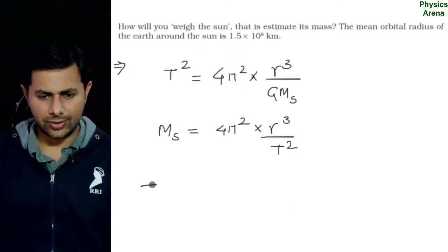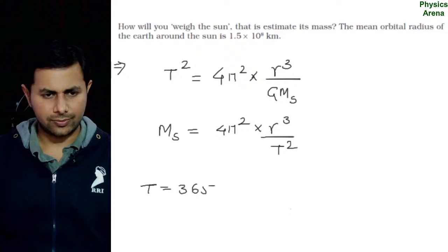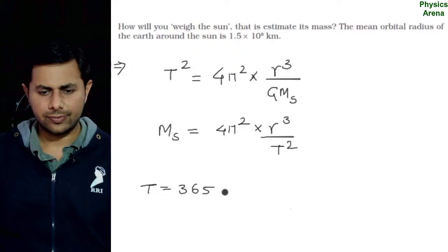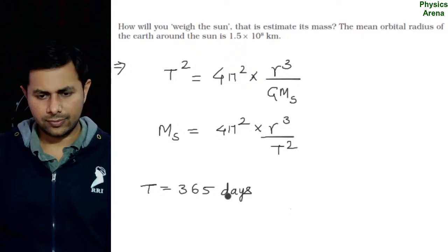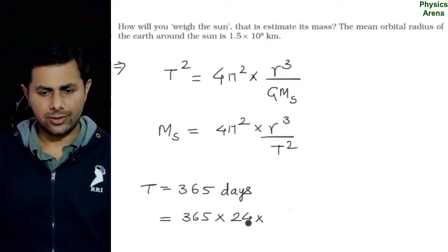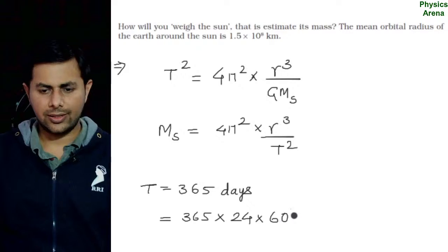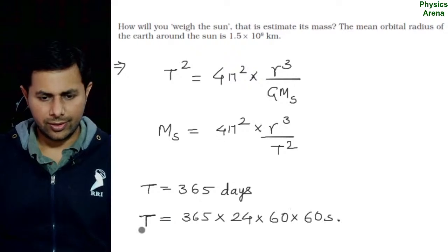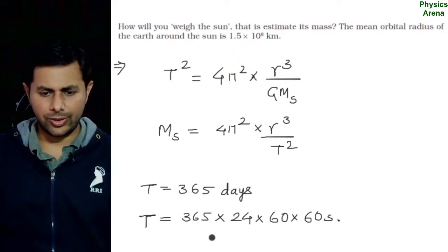Okay, so T equals 365 days. So that is 365 multiplied by 24 hours, multiplied by 60 minutes, and again multiplied by 60 seconds. Okay, so we have to put this over here.